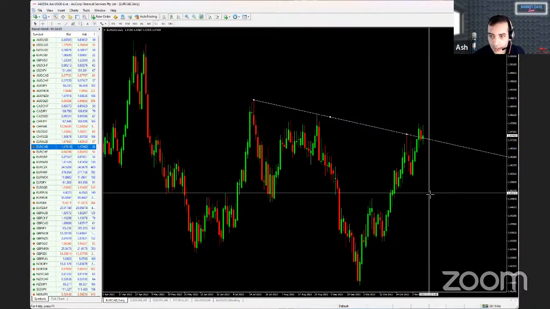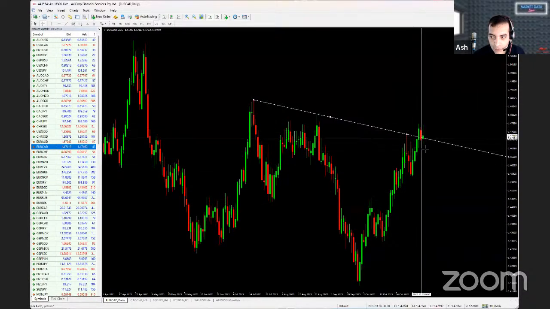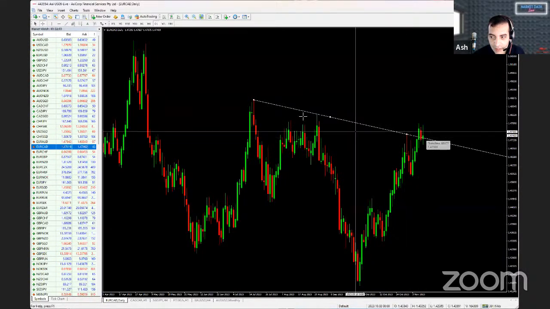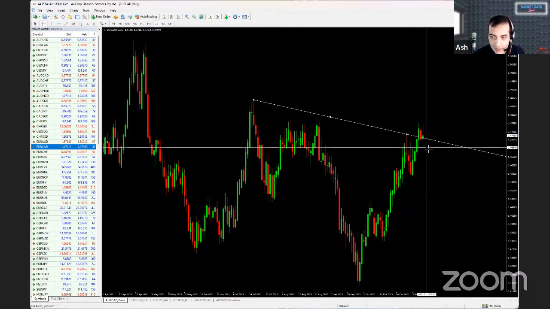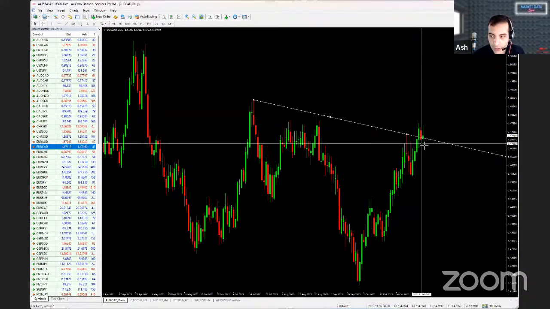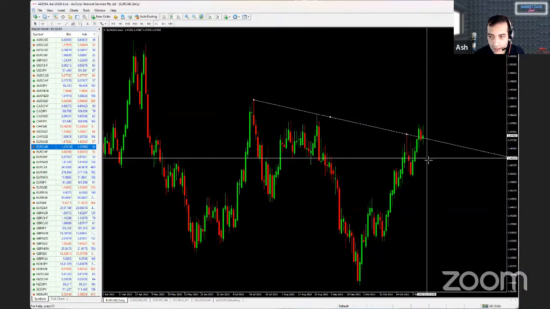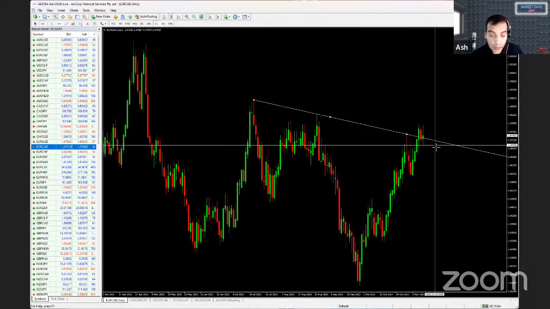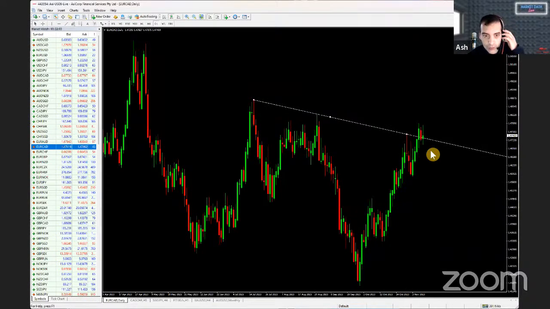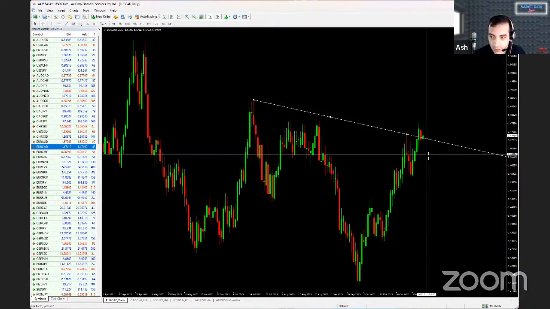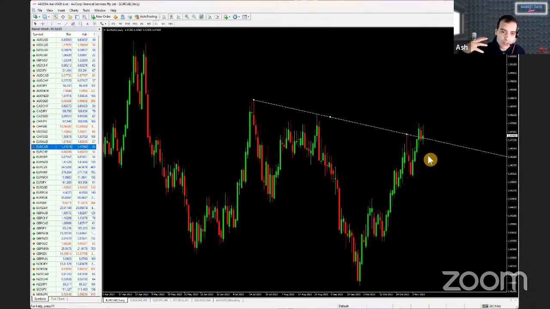But I wouldn't be that comfortable with that initially. Even though the seasonals are for upside on the euro CAD, the price action's just gone a bit early, so the seasonals might be a bit out of whack. I wouldn't be that interested in this position, but I would be interested in shorting the CAD because I think the CAD may well struggle, due to its seasonal bias, and also due to its correlation with oil.